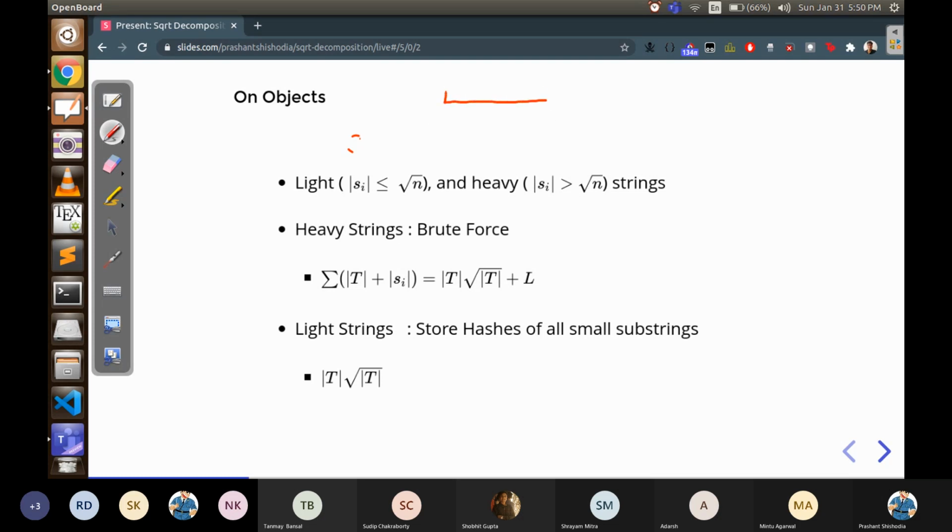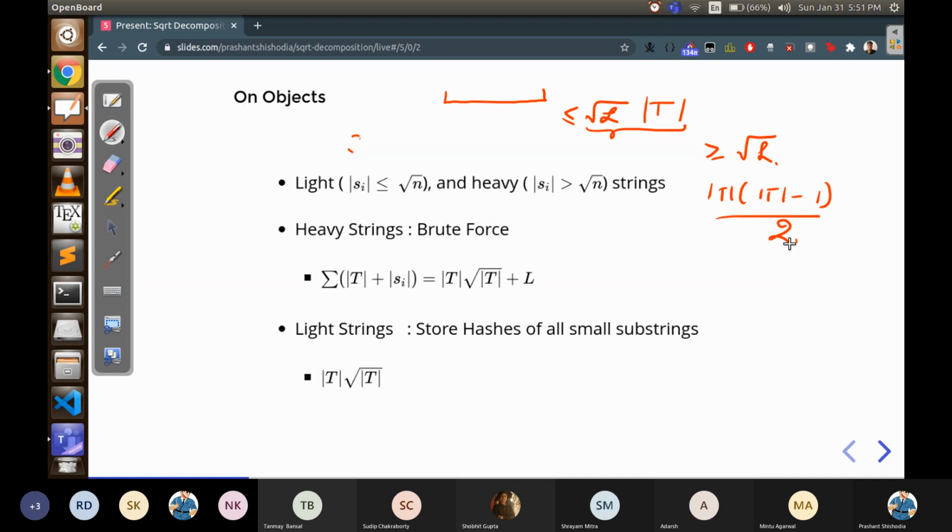I am just hashing all the substrings that have length less than root L. For each length, there will be at most mod t substrings, so there can be at most root L mod t light substrings. I can hash all of them because it's feasible. But if I hash all of the substrings of t, including the heavier ones whose size is greater than root L, then there are mod t into mod t minus 1 substrings. So that will be too costly.